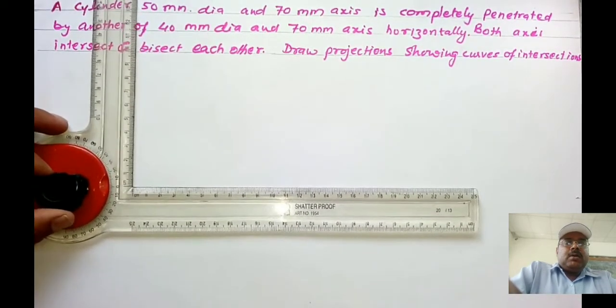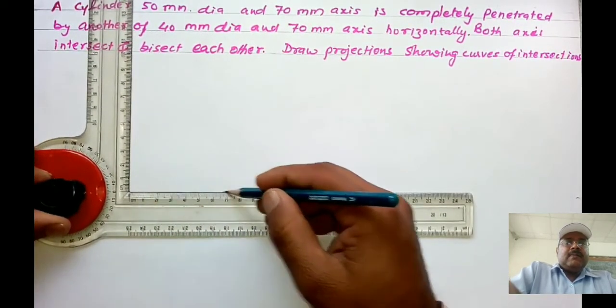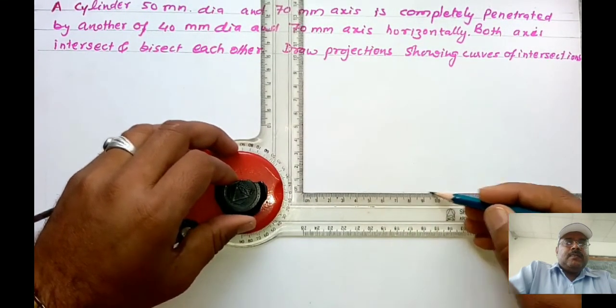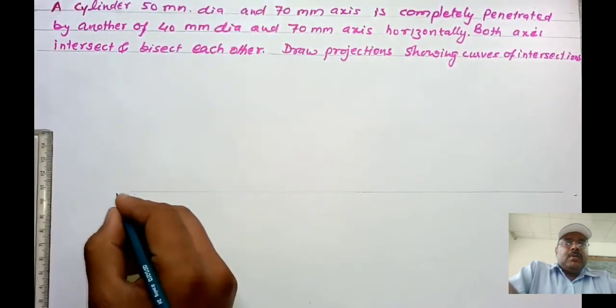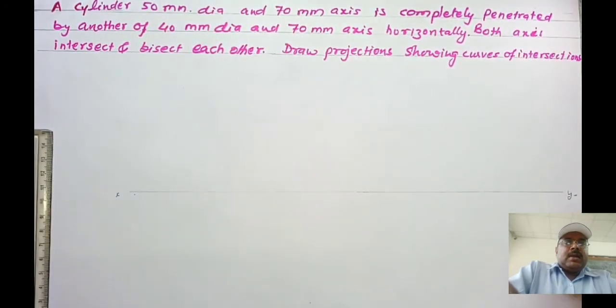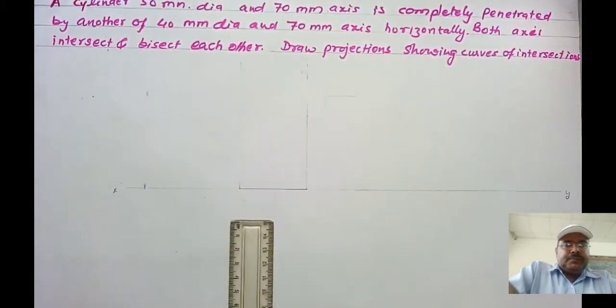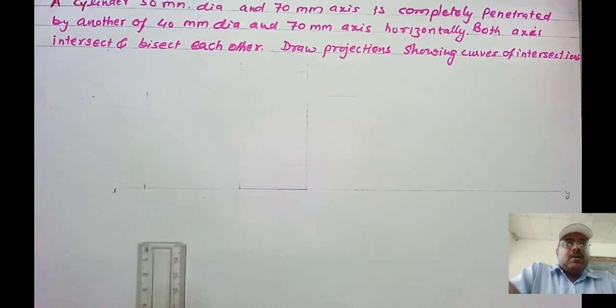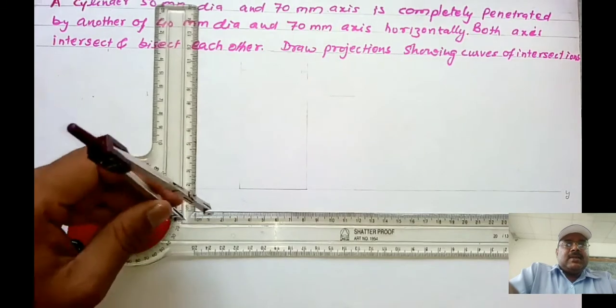Then first draw the reference axis, that is the XY axis, and name it as X and Y. First we have to draw the front view, top view and side view of the vertical cylinder, then we will draw the horizontal cylinder with intersection.